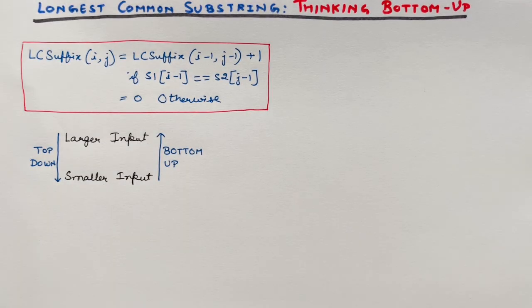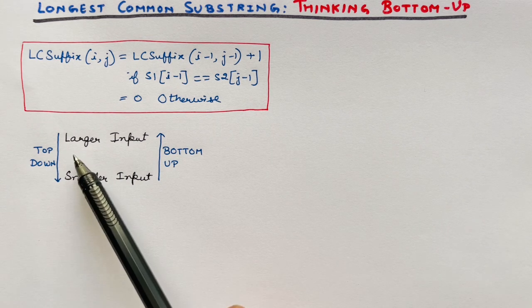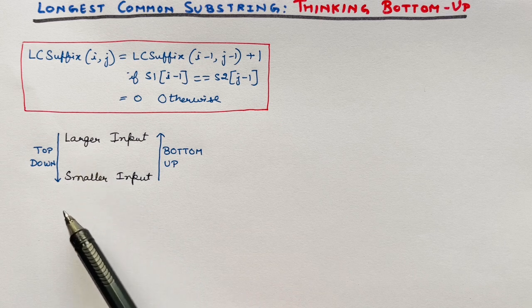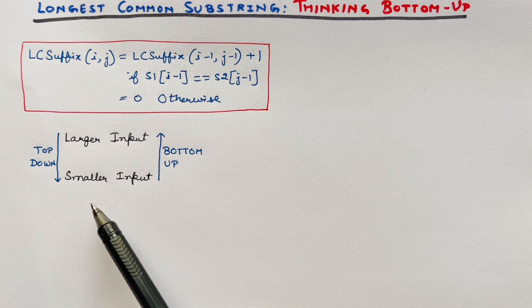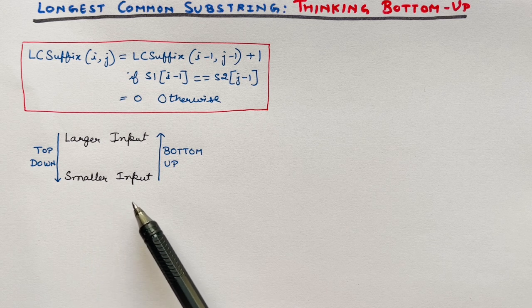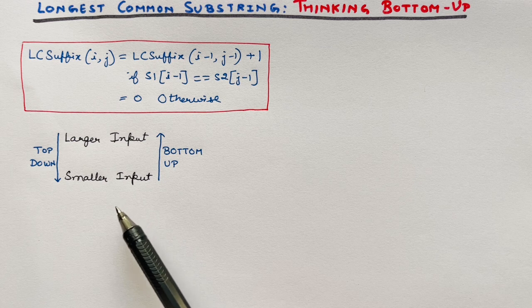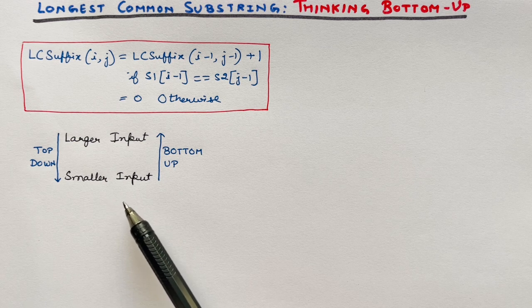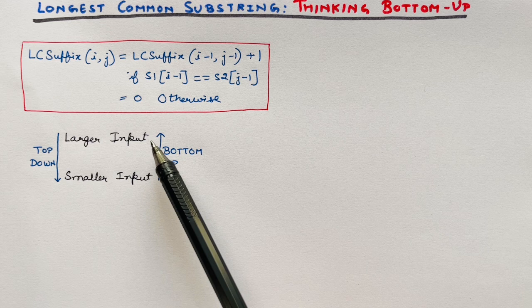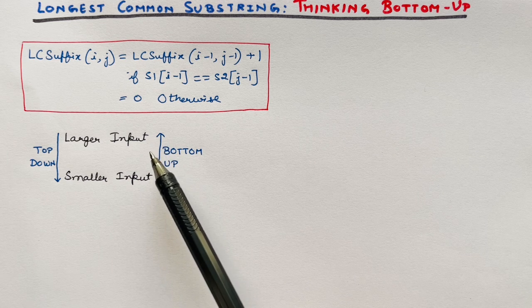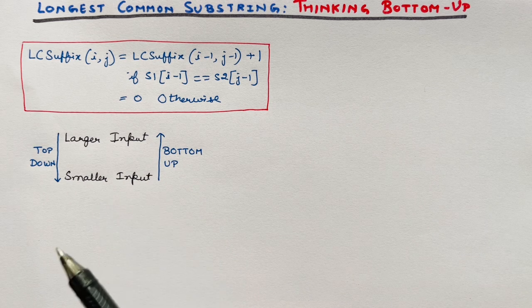What do we mean by the bottom-up approach? In the top-down approach, as the recursion progresses, we move from solving for larger inputs to solving for smaller inputs, or our base conditions. In the bottom-up approach, the order is reversed. We first solve for the smallest inputs, our base conditions, and then gradually move upwards till we reach the solution for the problem given to us in the question, the largest input.